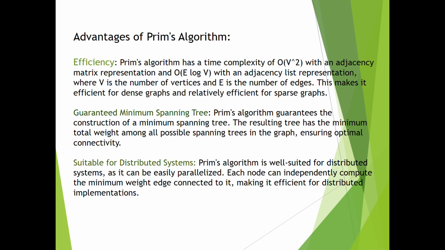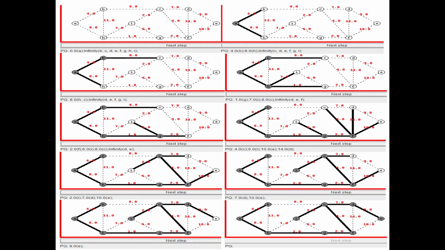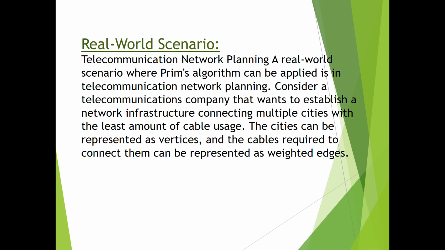Suitable for distributed systems: Prim's algorithm is well suited for distributed systems as it can easily be parallelized. Each node can independently compute the minimum weight edges connected to it, making it efficient for distributed implementations. Then a real world scenario: telecommunication network planning. A real world scenario where Prim's algorithm can be applied is telecommunication network planning.